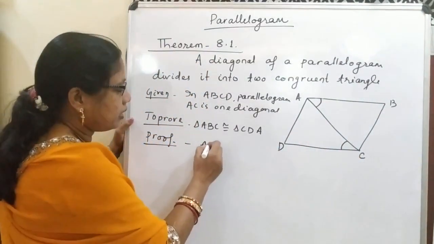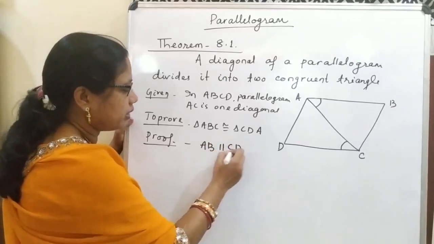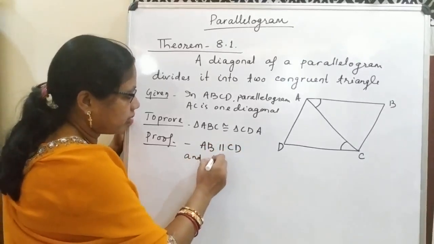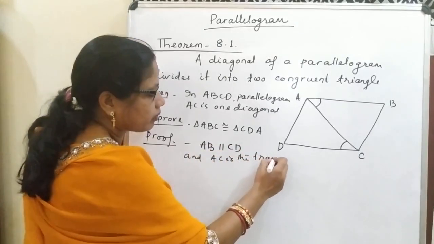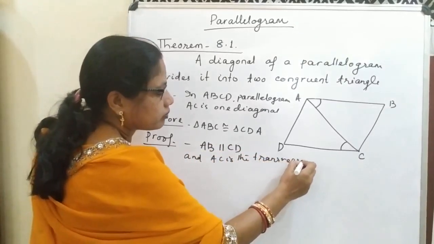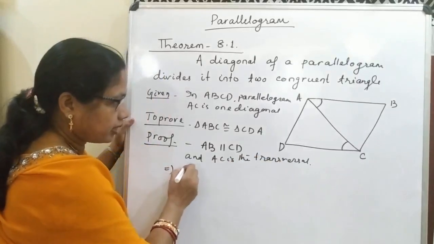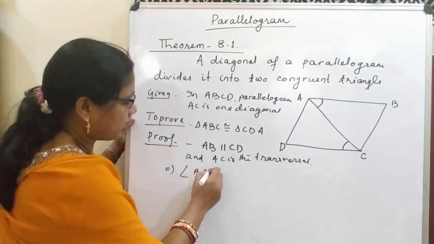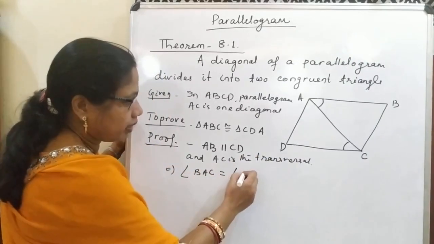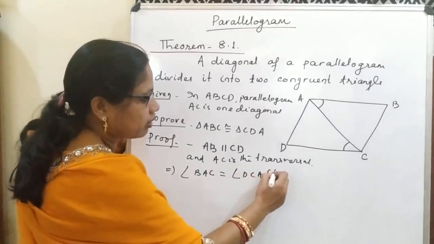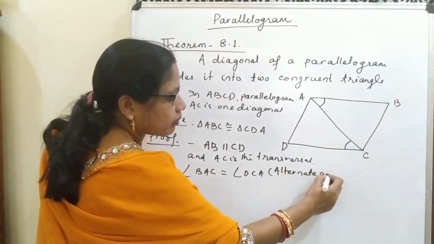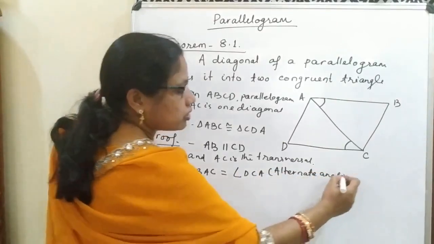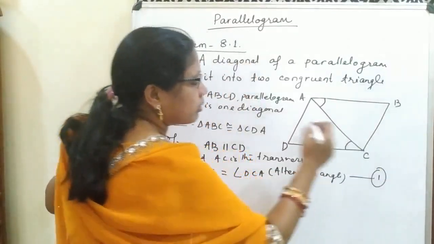So AB parallel to CD and AC is the transversal. So this implies angle BAC is equal to angle DCA, alternate angles. So this is our equation 1.